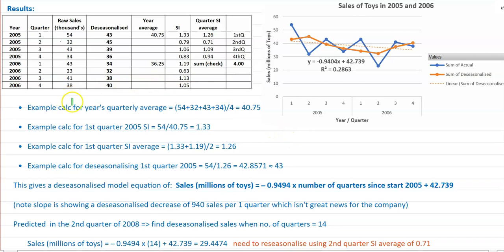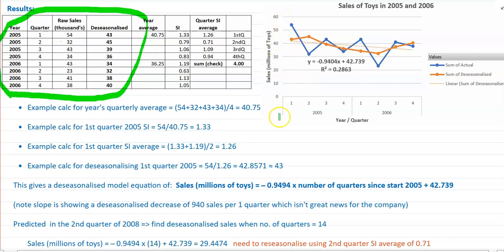From there, I then took this data and I created a pivot chart plot of years and quarters versus sales, and you can see here that my raw data sales is quite fluctuated, and by deseasonalizing I've smoothed it out.